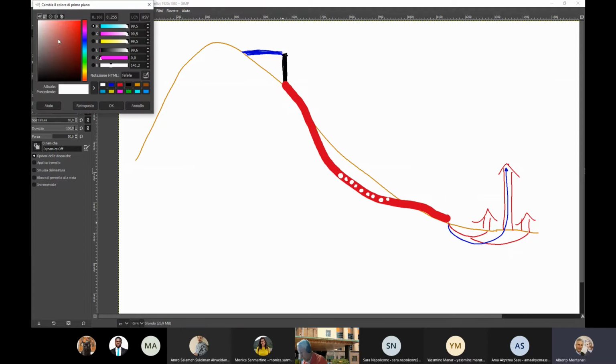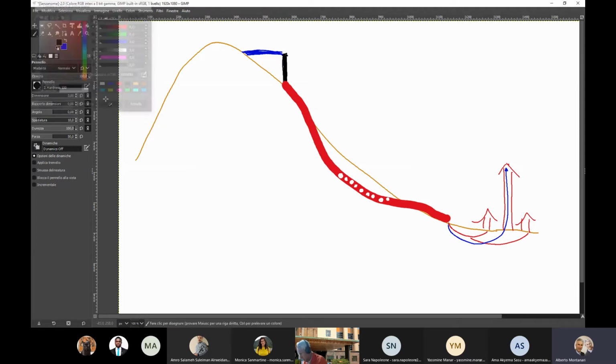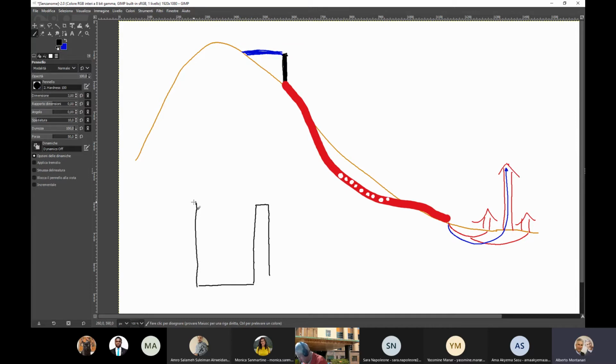The upstream tank, let me change the color, is something like this. So you have your tank here, and then here you have the sand trap.